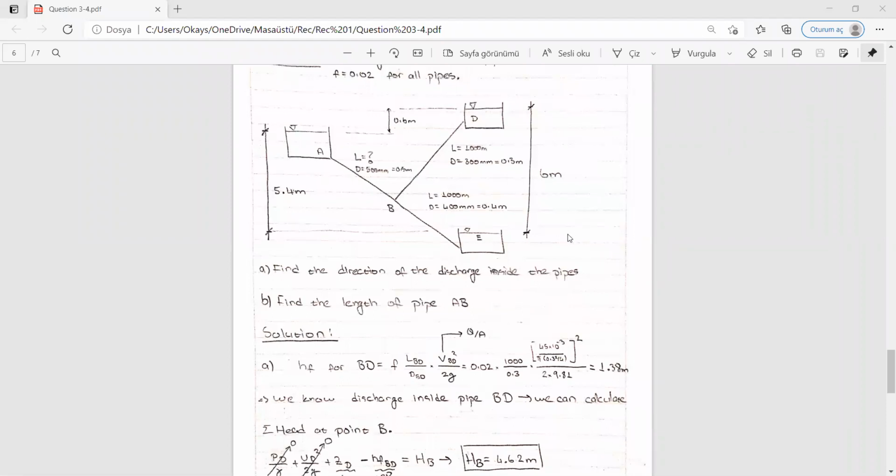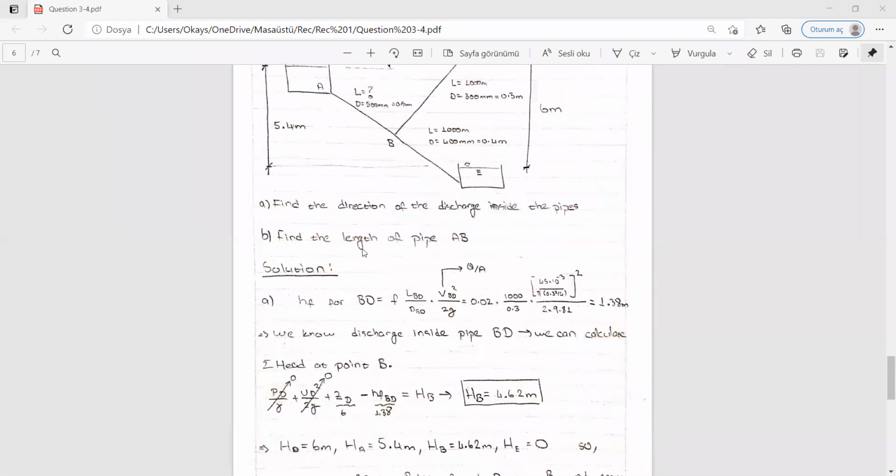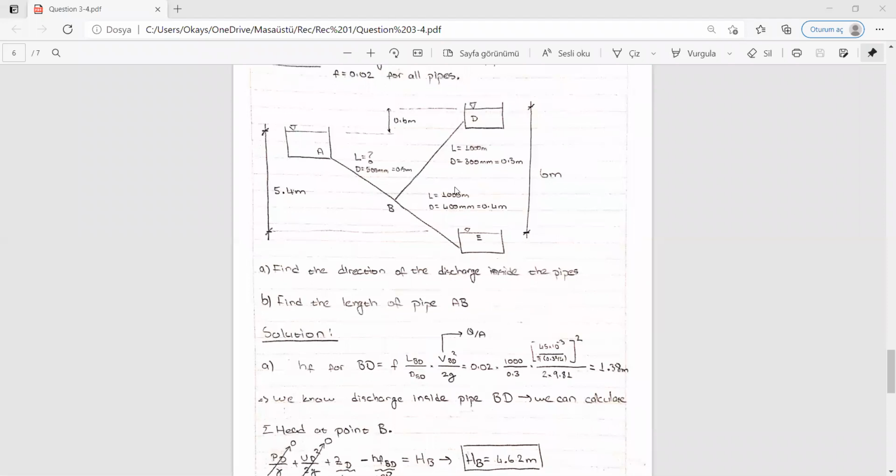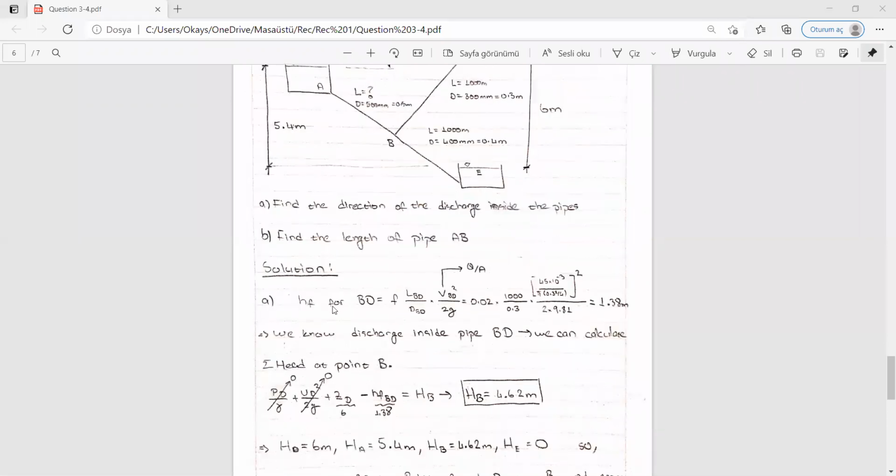Now we can write the energy equation between point B and point D. For point D, as I said, our total head is equal to only the elevation because the velocity head and the pressure head equal 0.